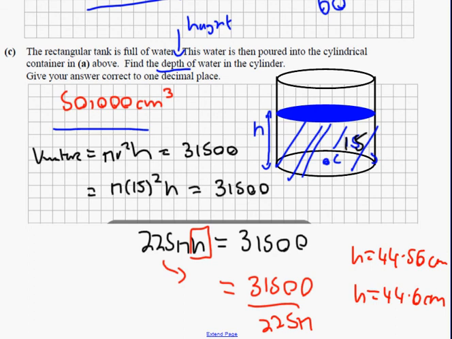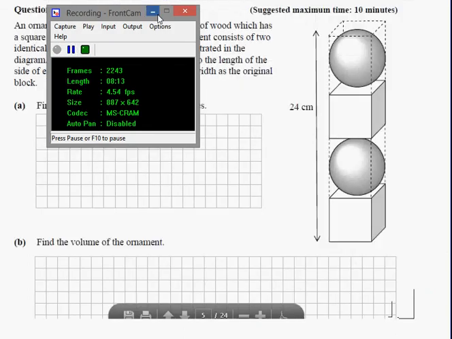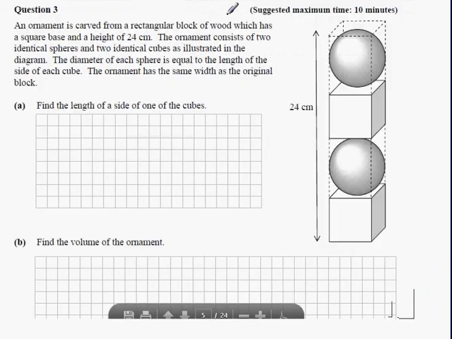Now lads, what we have here is an ornament carved from a special rectangular block of wood which has a square base and height of 24 centimetres. The ornament consists of 2 identical spheres and 2 identical cubes as illustrated in the diagram. The diameter of each sphere is equal to the length of each cube.